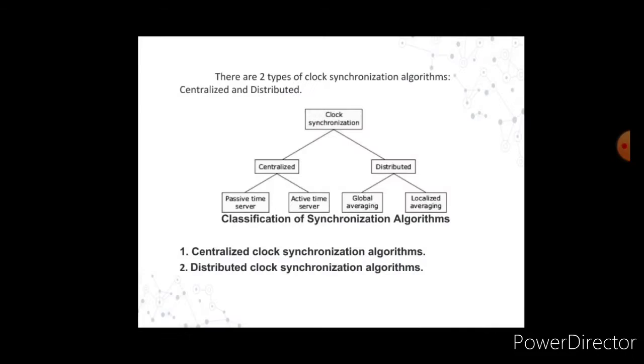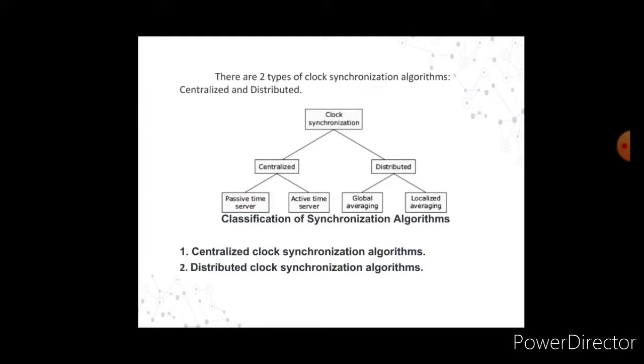There are two types of clock synchronization algorithms, centralized and distributed. Centralized clock synchronization can be divided into two different types: passive time server and active time server. Distributed clock synchronization is again divided into subtopics: global averaging and localized averaging.